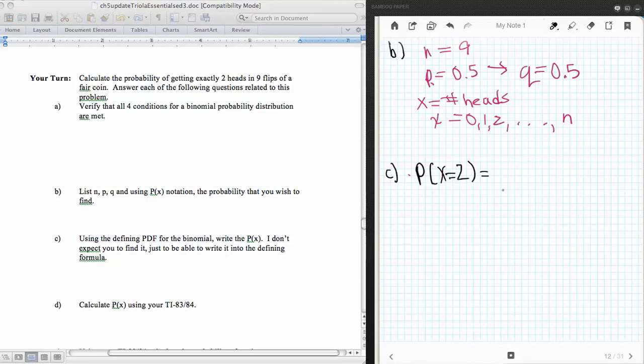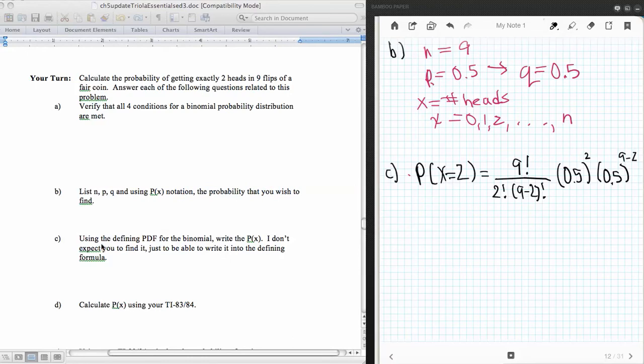So when I say use the defining formula, you have 9 factorial, that's the n, over 2 factorial times 9 minus 2 factorial, that's the combination formula, times the probability of a success 0.5 raised to the second power, that's the number of successes, times the probability of a failure 0.5 raised to the 9 minus 2 power.